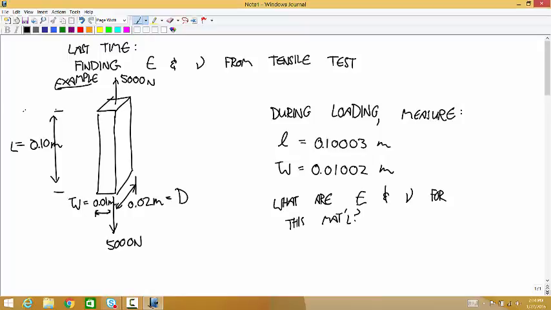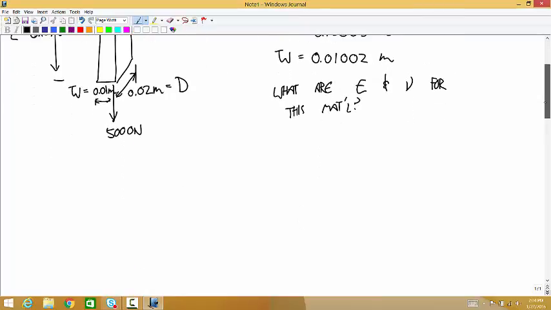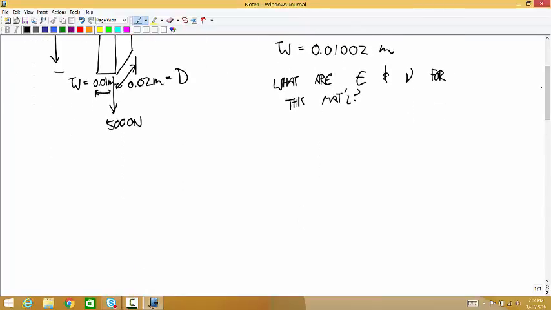I'll give you the definitions, which are in your notes from last time. Young's modulus is the axial stress divided by the axial strain, and Poisson's ratio is the negative of the off-axis strain divided by the axial strain.